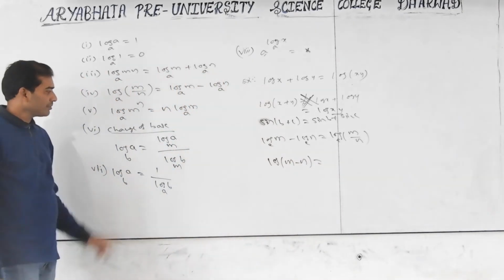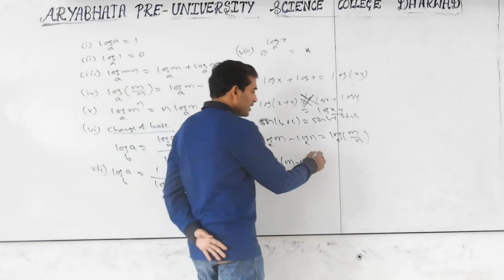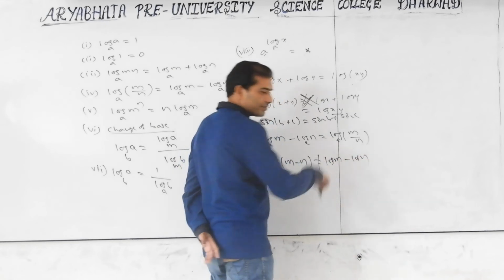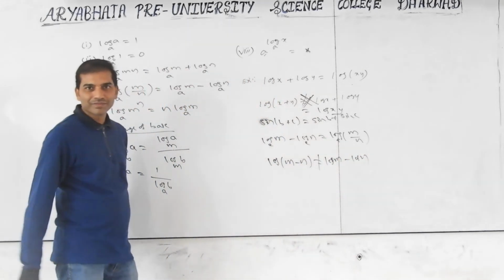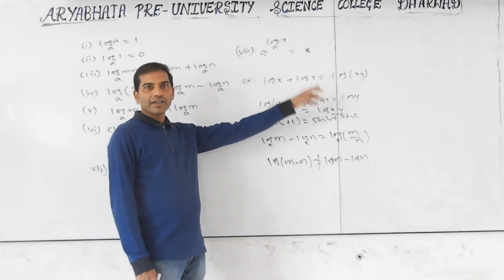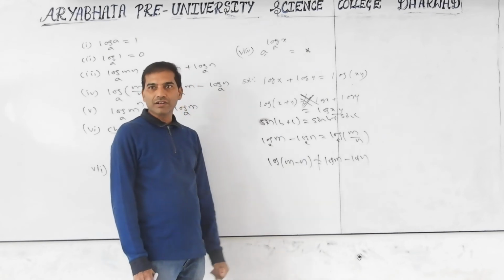Is it there in the formula? No. So don't write that it is equal to log m minus log n. Are you following? Log of x plus y is not equal to log x plus log y. Log of m minus n is not equal to log m minus log n.